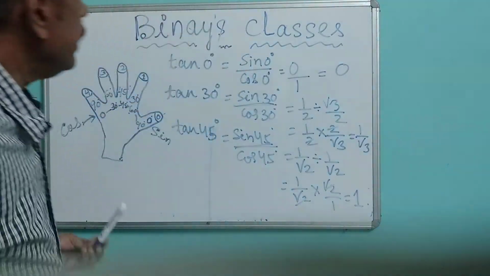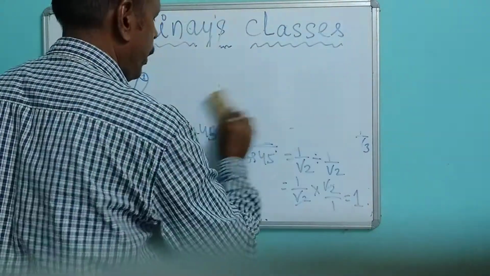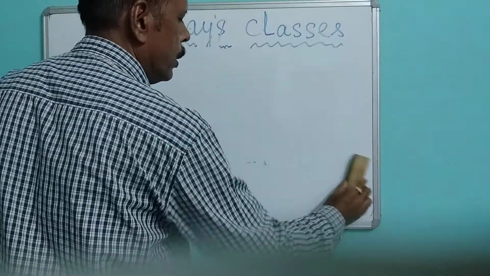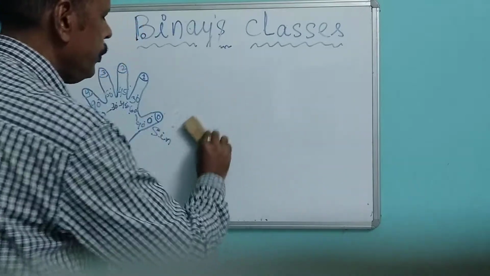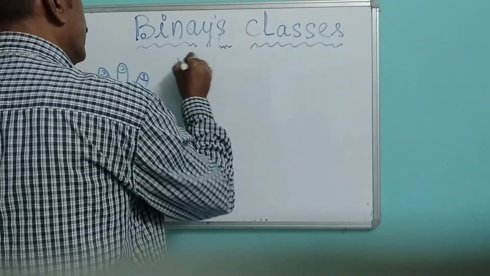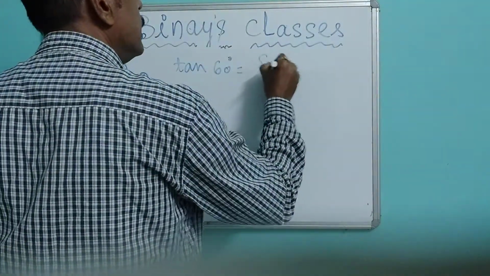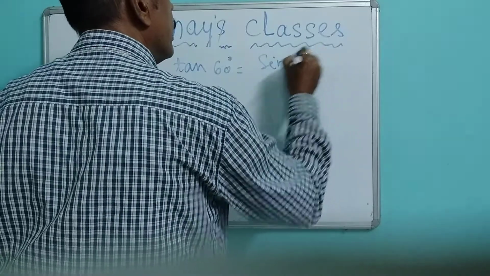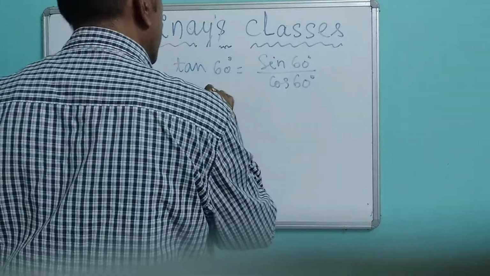Then comes tan 60 and tan 90. Tan 60 degree equals sin 60 degree by cos 60 degree.